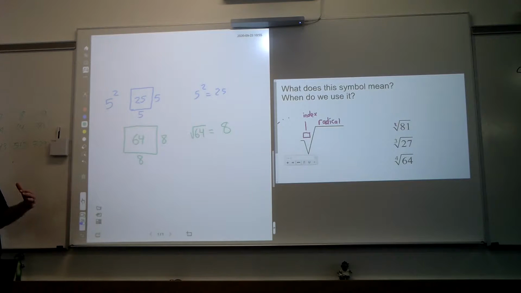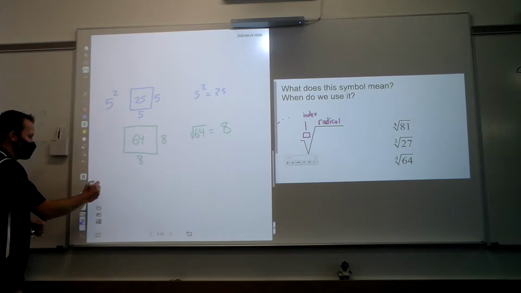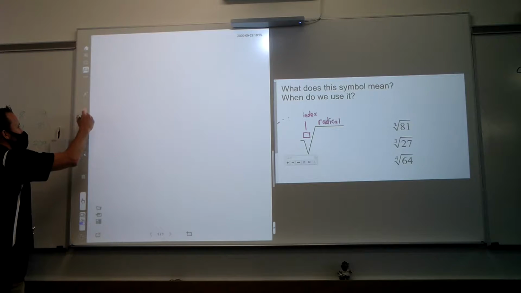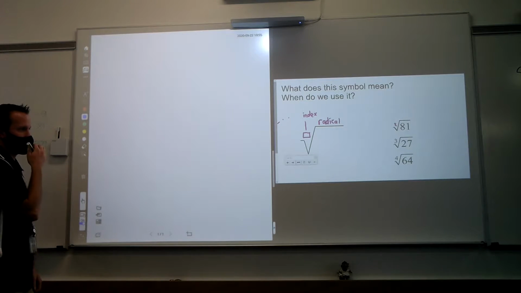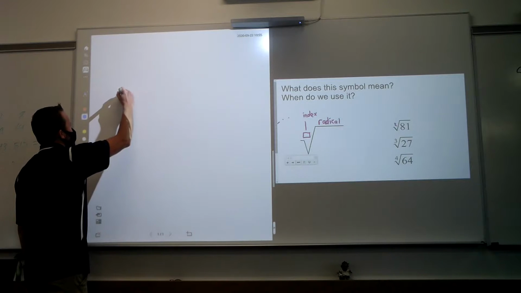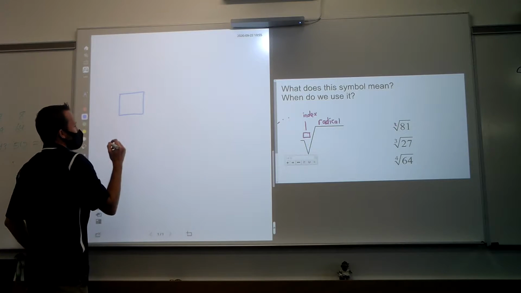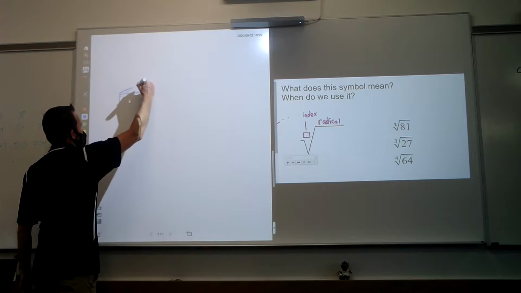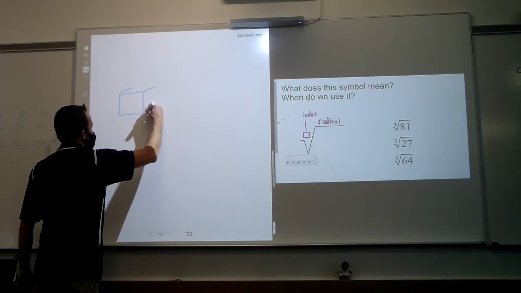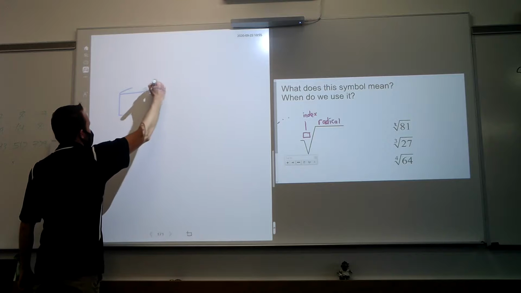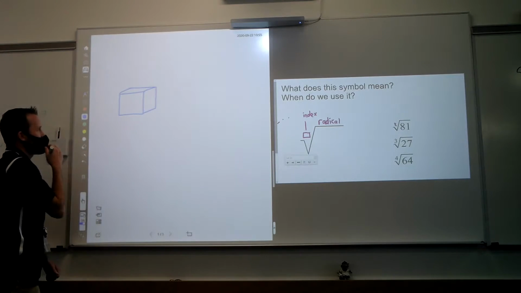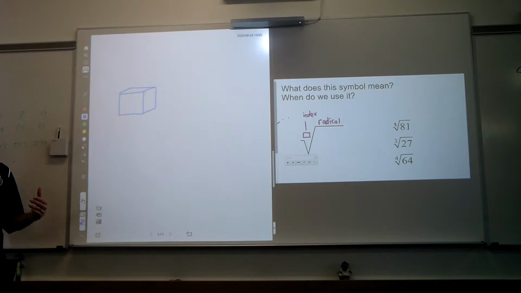Now, we're going to take it to the next dimension. We're going to go to a cube. Okay? So how do you do that? Well, I'm not the best artist, but let's test my skills. So I start with this square, and then we're now going to go to the next dimension. It's not perfect, but that's supposed to be a cube, right? All the sides are the same.